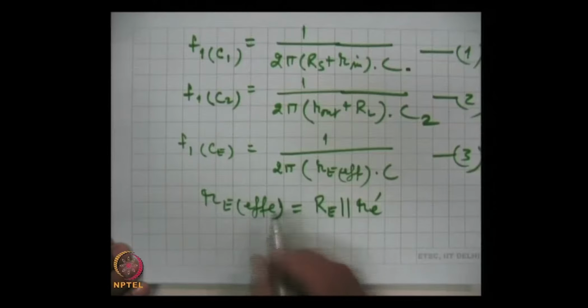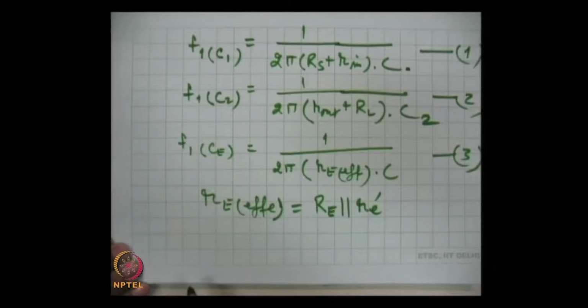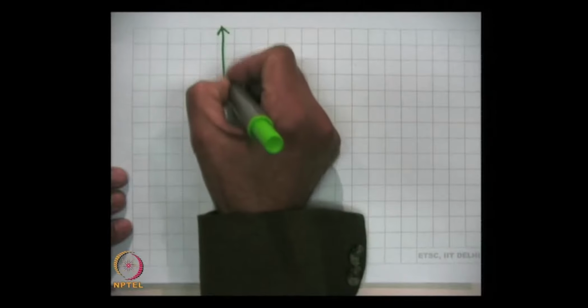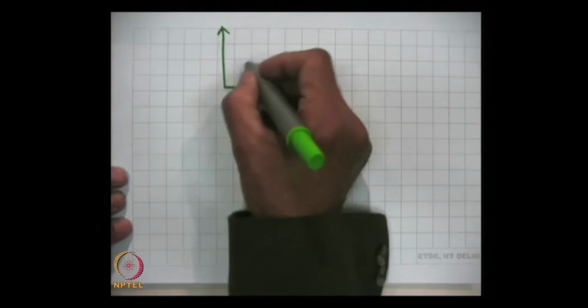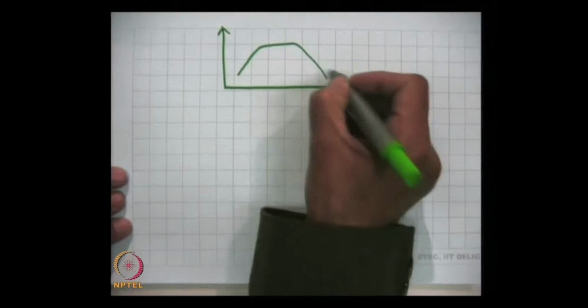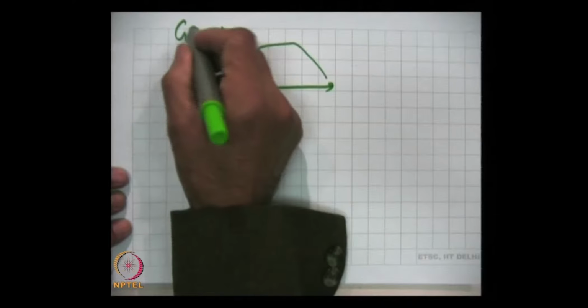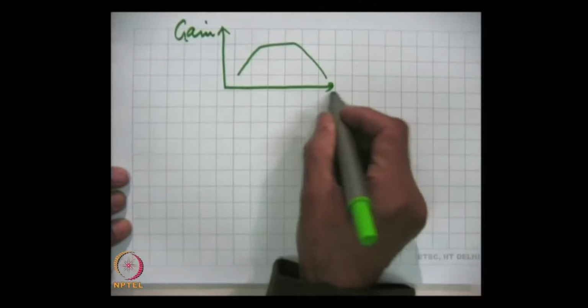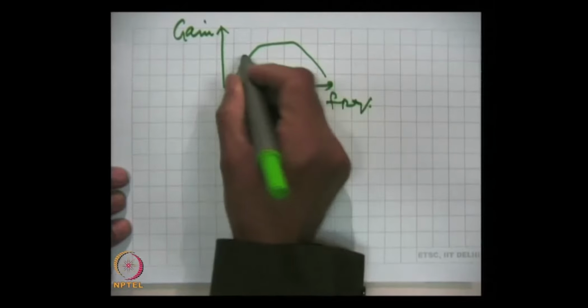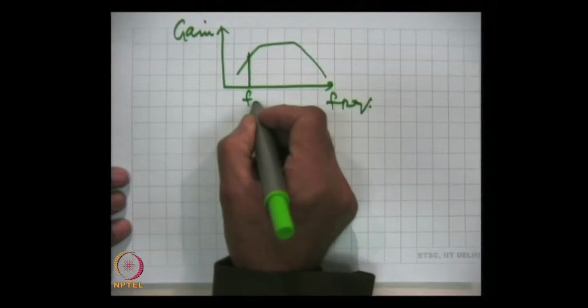Now, the three values we will get, but in the response, this is the response, this is the gain and this is the frequency and this is f1.